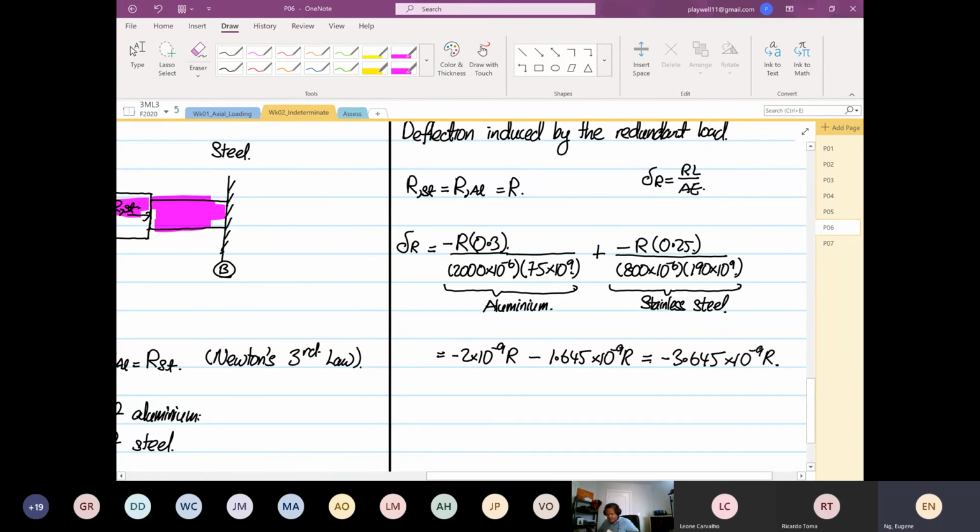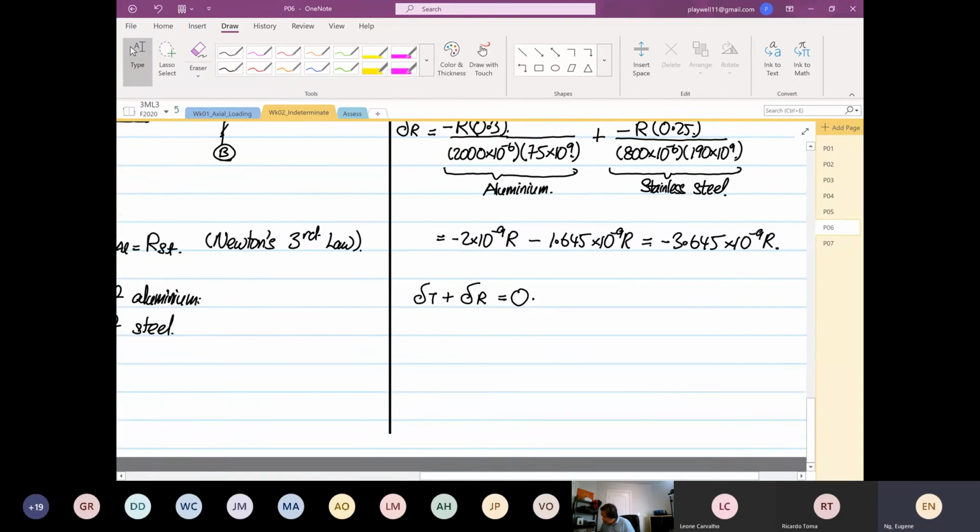Okay, we're not done yet. So we're going to do delta T due to heat plus delta due to the redundant load. The whole thing will be equal to what? 0.